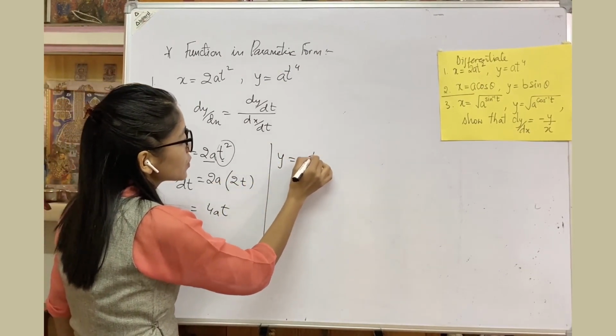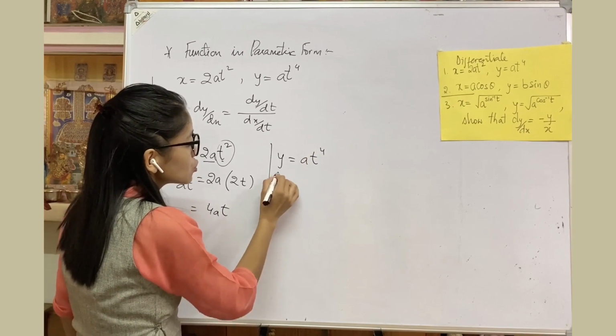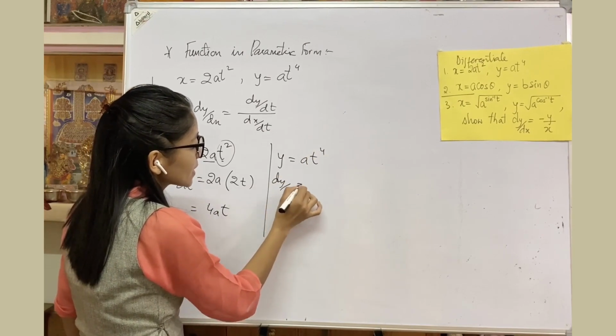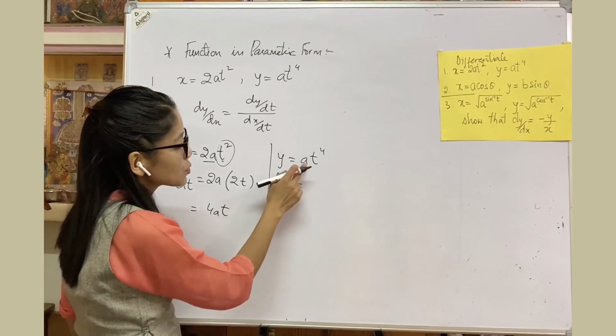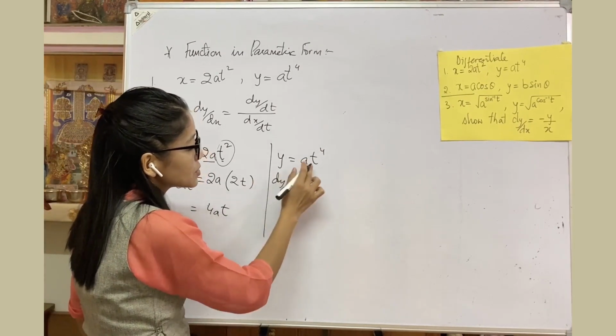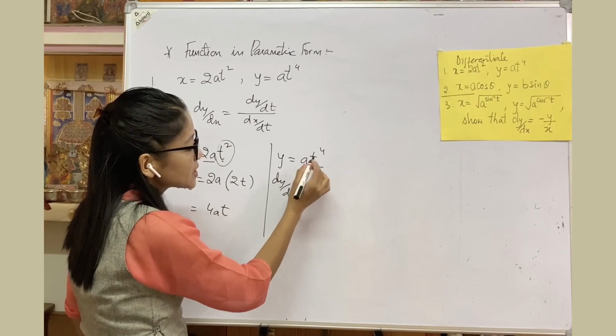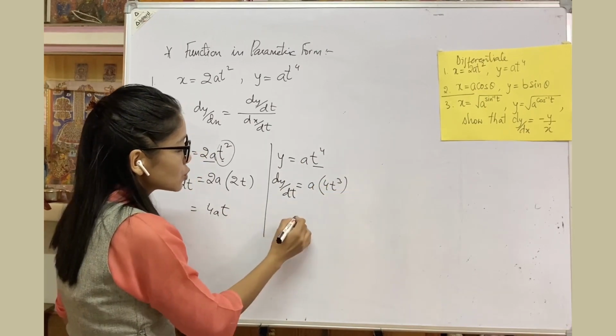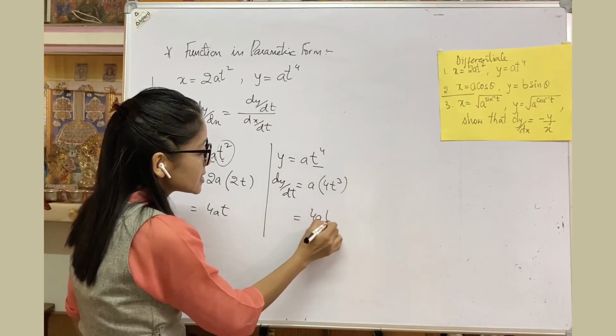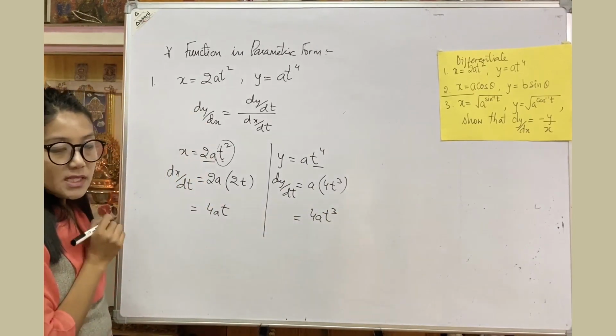Now what do we have? y is equal to at raised to 4. Since y is expressed in terms of t, dy by dt is equal to a, which is a constant coefficient, so you keep it as it is, and differentiate t raised to 4, so that is 4t cube. So this is equal to 4at cube. Is that clear?